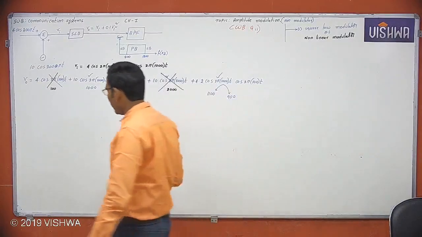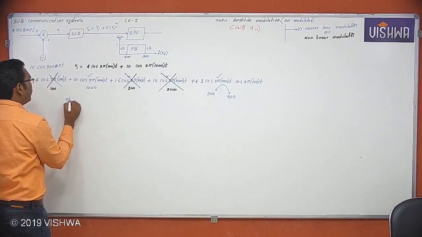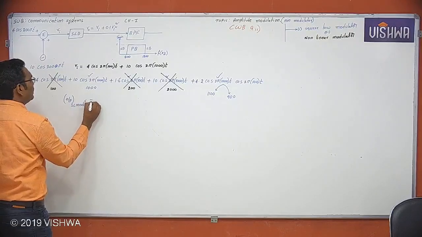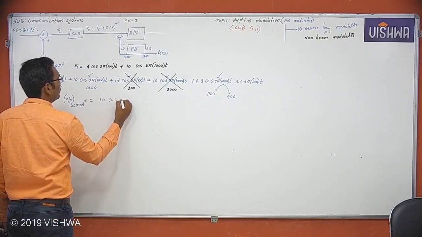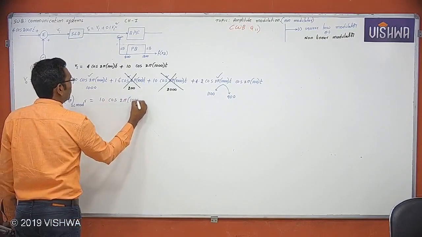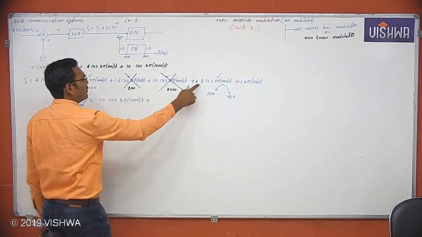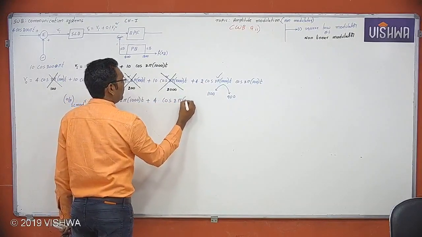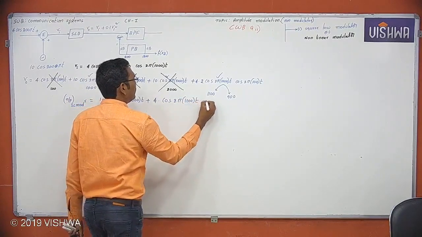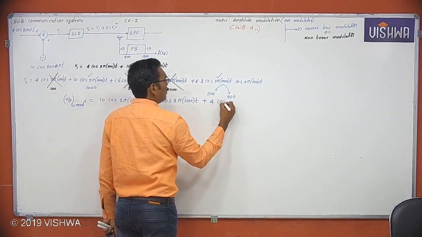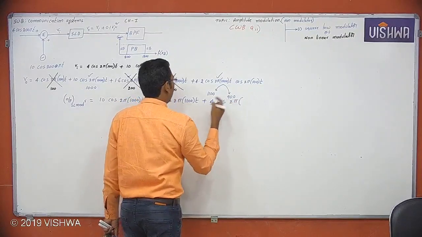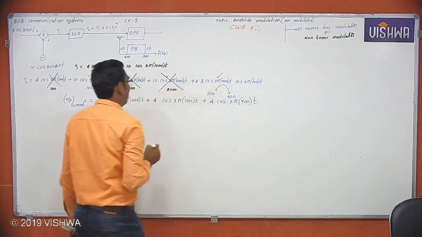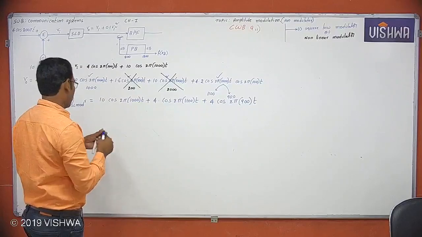Now, what is the output of the square law device? Finally, the output of the square law modulator is 10 cos 2 pi into 1000 into t, then 2 cos A cos B gives 4 cos of A plus B, 4 cos 2 pi 1100 t, plus 4 cos 2 pi 900 t.